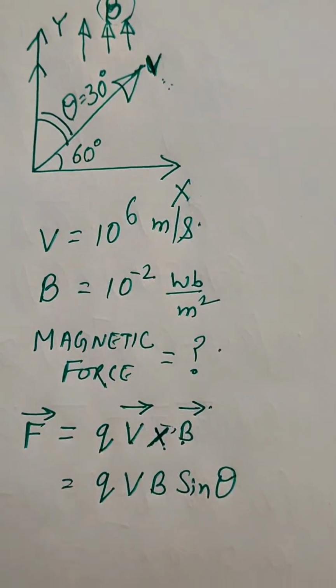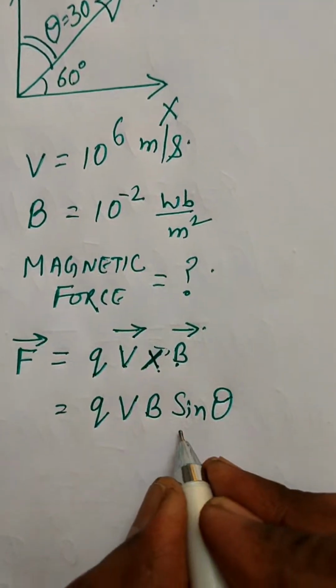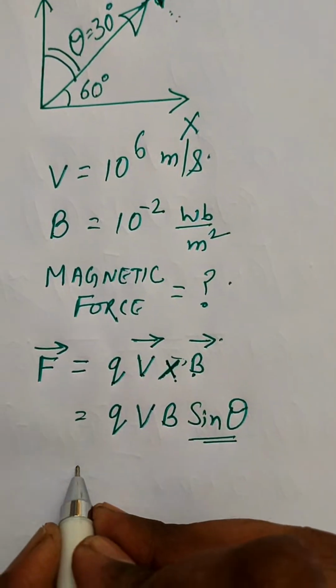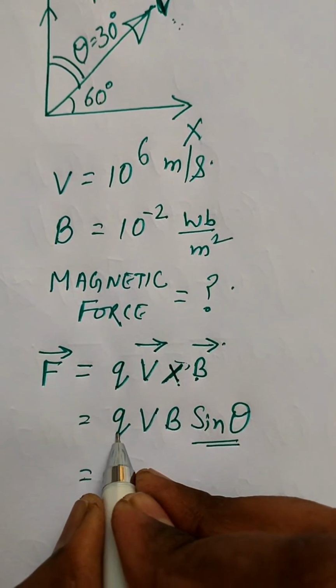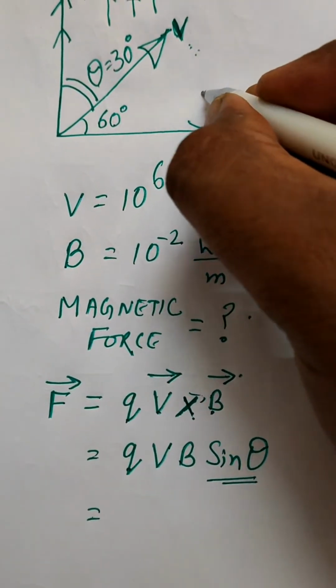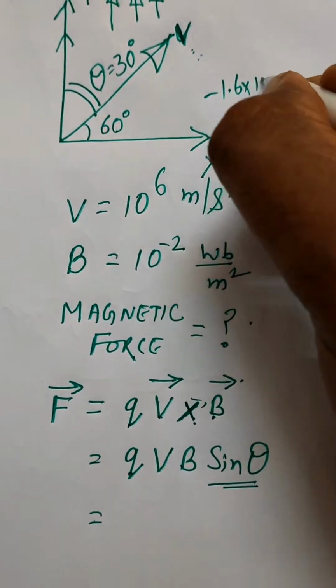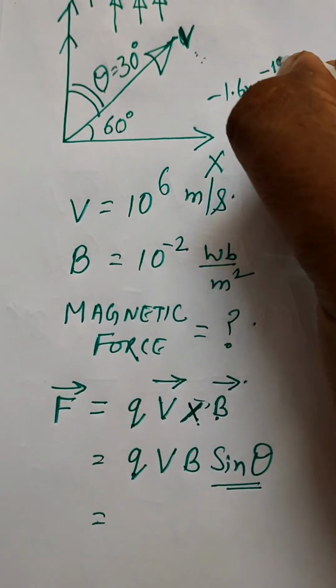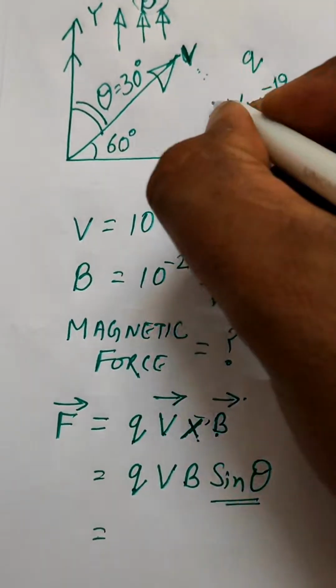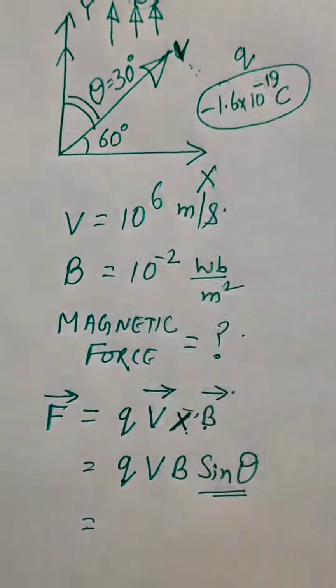So for theta equal to 30, this will be sine 30. The charge of an electron, you know, is minus 1.6 into 10 to the power minus 19 coulomb. You remember it.